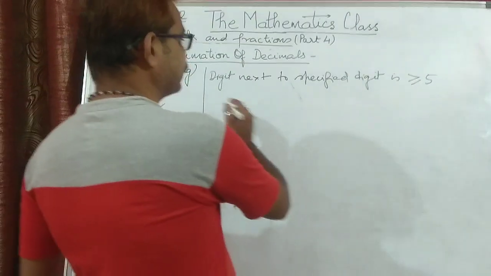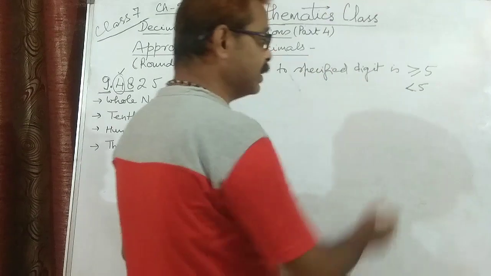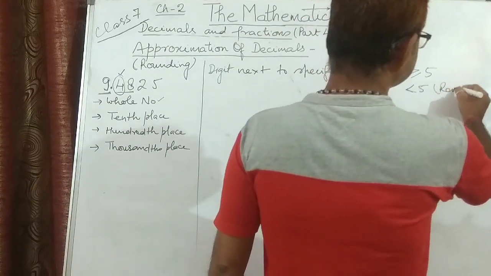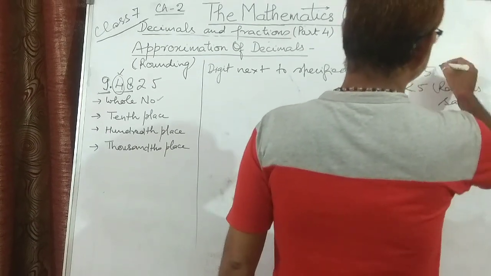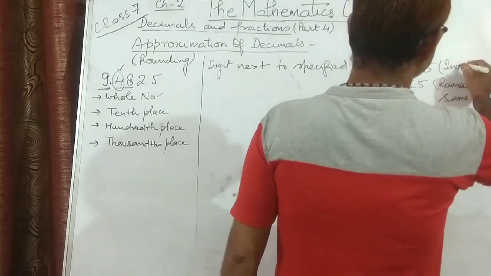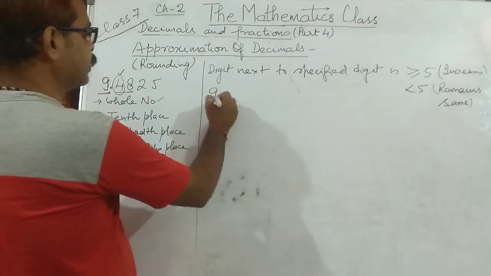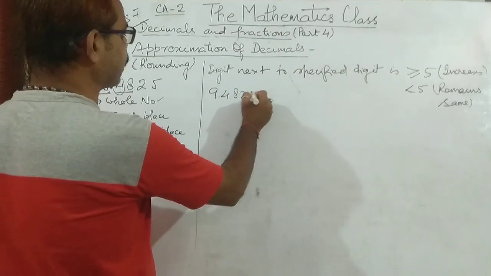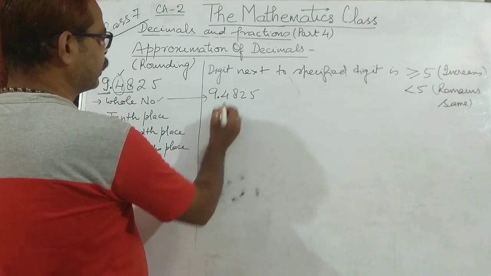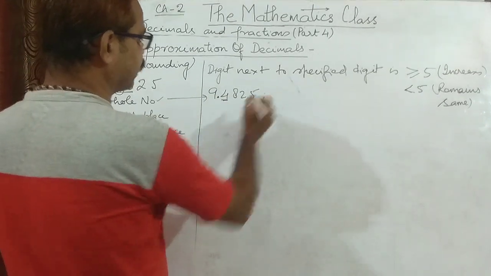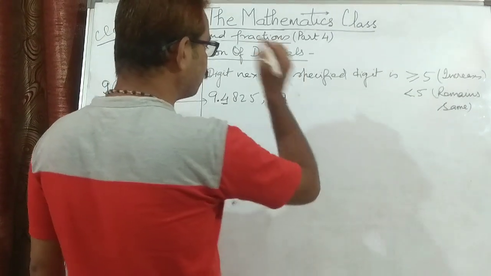But if the digit is less than 5, the number remains the same. Suppose we are talking about 9.4825 and we are talking about the whole number. So we check the digit 4. Since digit 4 is less than 5, this number as a whole will be only 9.